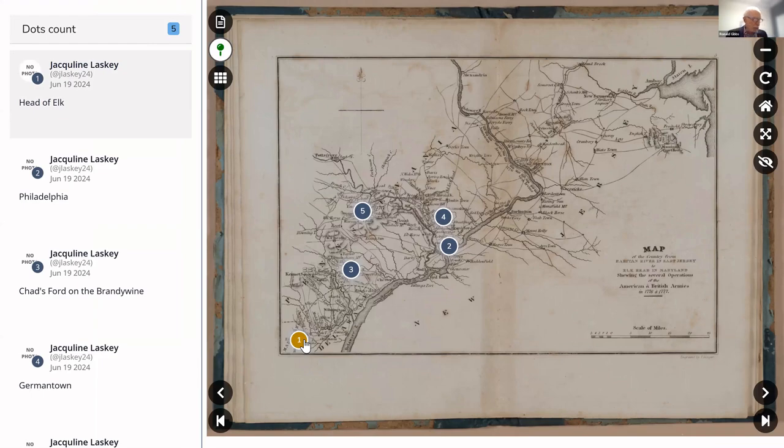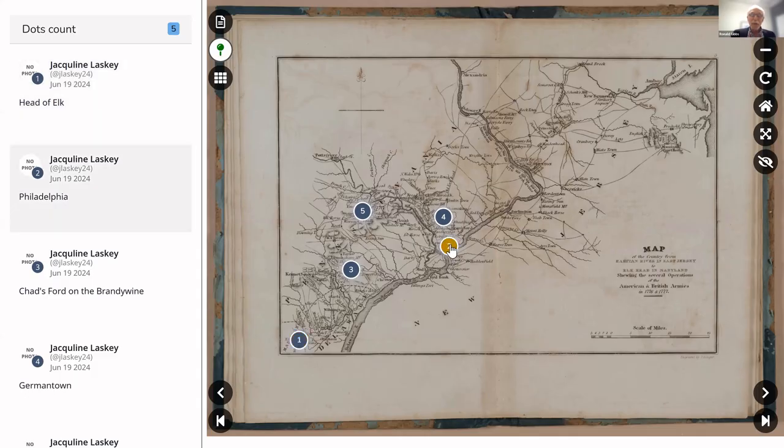And for still unexplained reasons, the British took a circuitous sea route and went out into the Atlantic from New York, came around the Chesapeake Capes, and landed at the northern tip of Chesapeake Bay at Head of Elk, Maryland. When they landed there, they were still 65 miles from Philadelphia, which is at dot number 2.